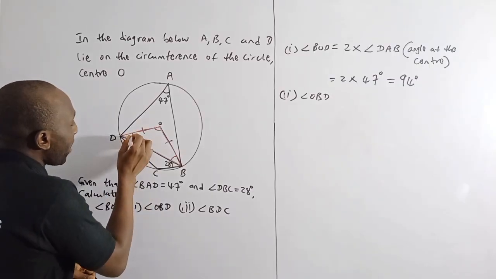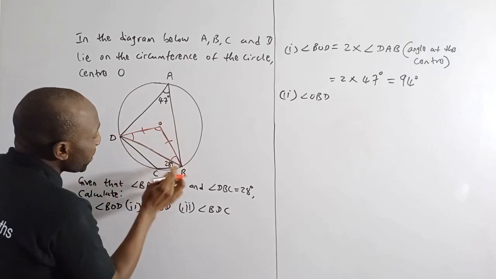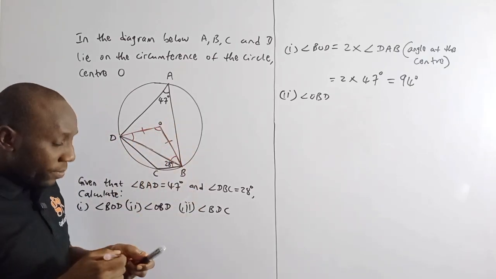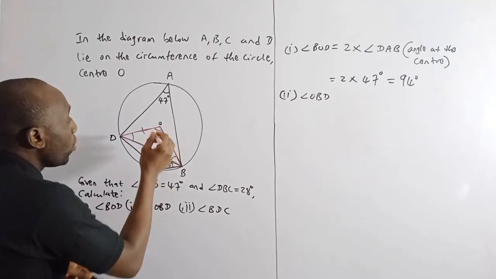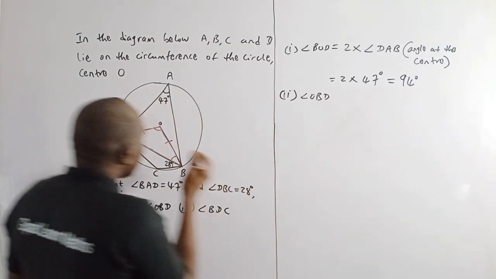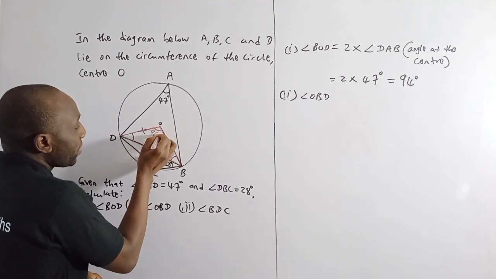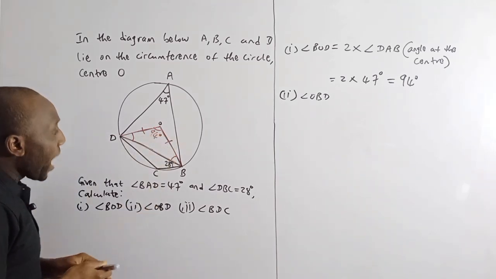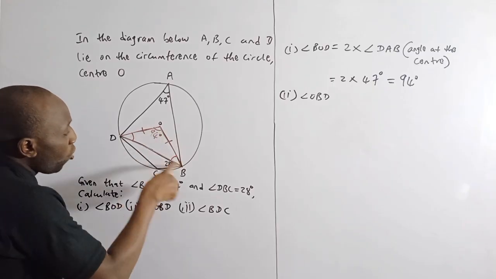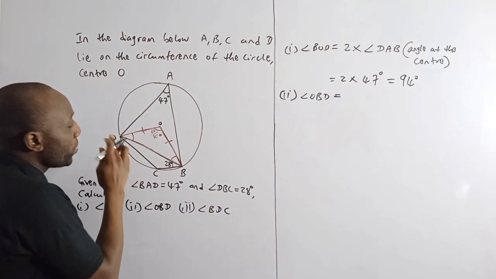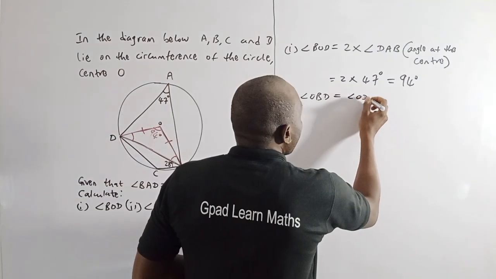So angle ODB and angle OBD are equal. Do we have this angle? Yes, we just got it as 94 degrees. And we know that the base angles are equal. So I am going to say that angle OBD is also equal to angle ODB.